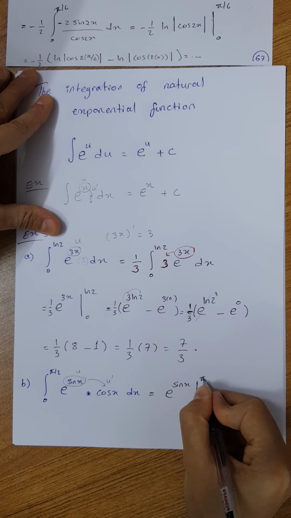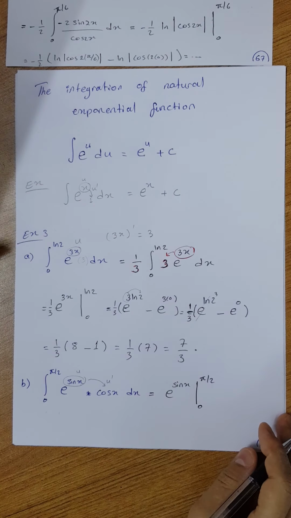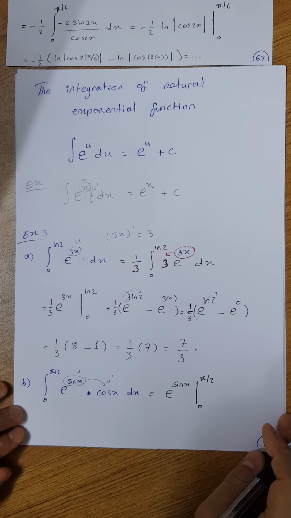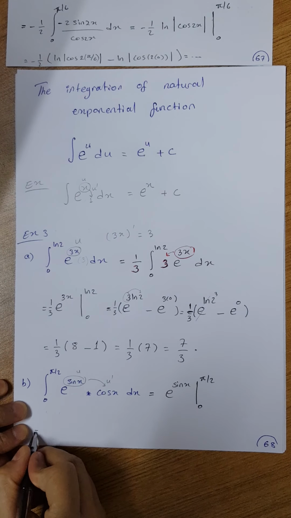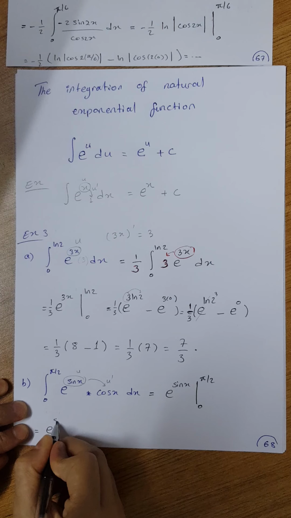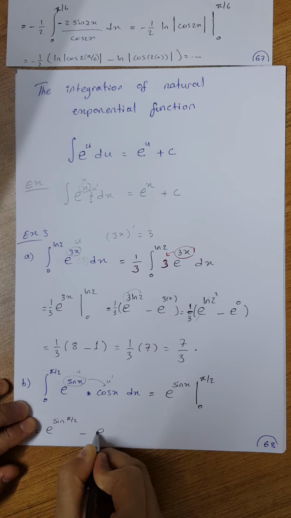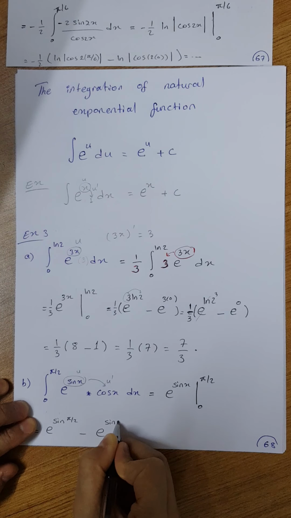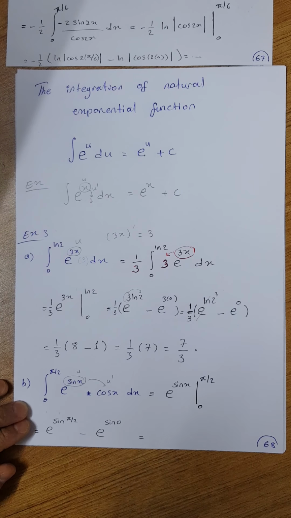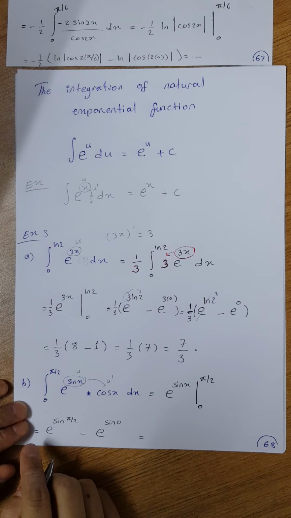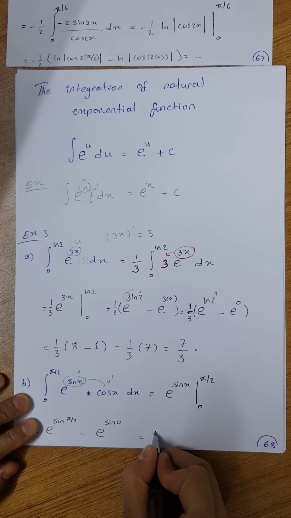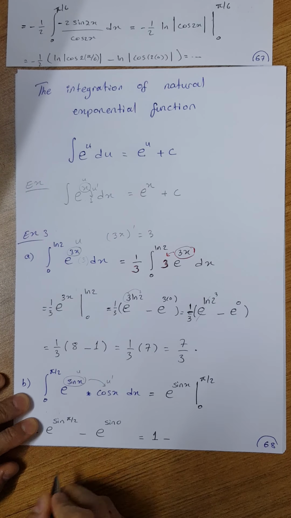So that will be equal to, from 0 to pi over 2, and now we are inputting those values into here: e to the power of sine of pi over 2 minus e to the power of sine of 0. Sine of 90 degrees is equal to what? It is equal to 1.